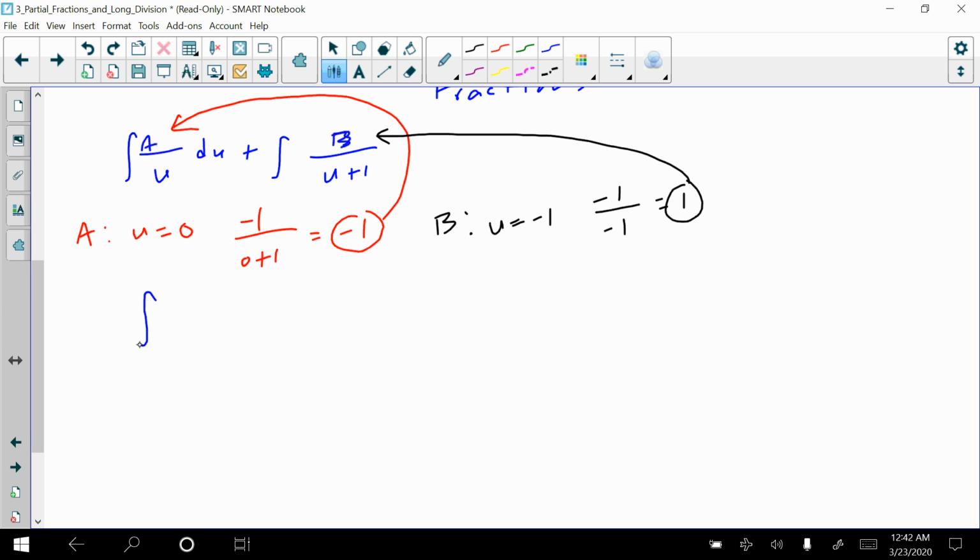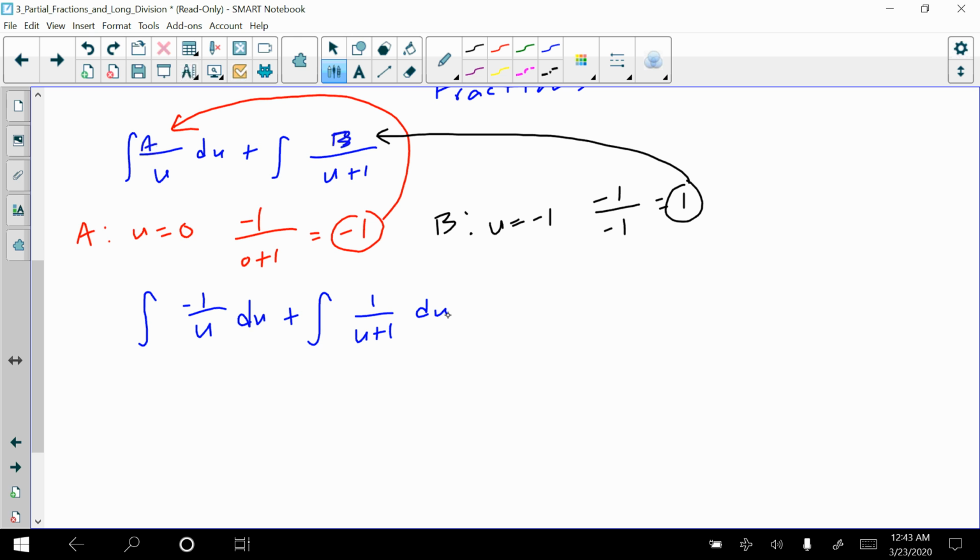In this case, A is going to be replaced with a negative 1 over u du plus the integration of B, so B gets replaced with a positive 1 over u plus 1 du. And at this point, we can do our integration.